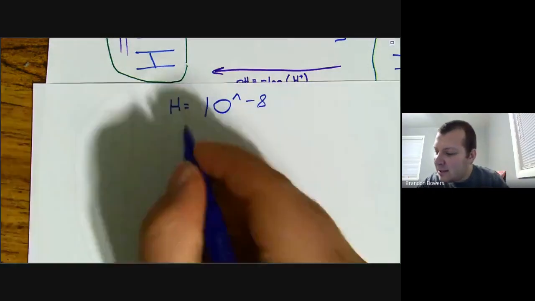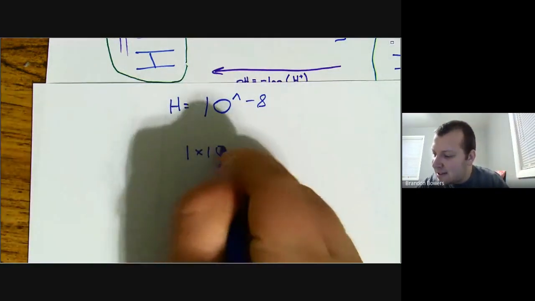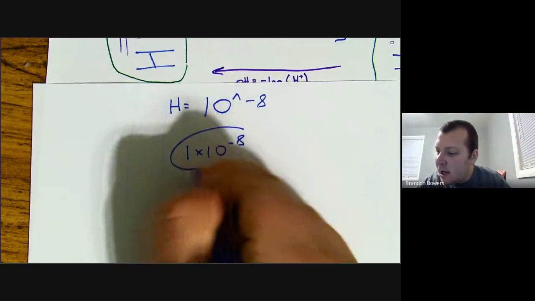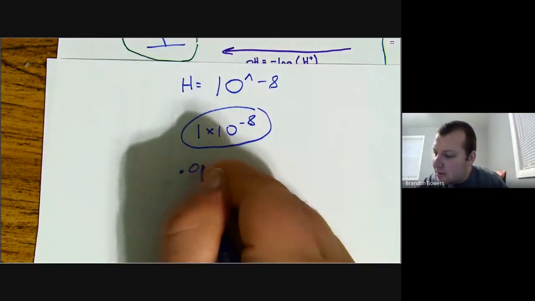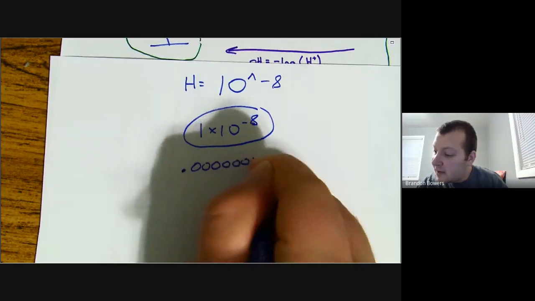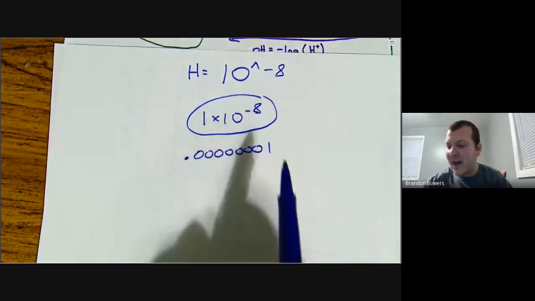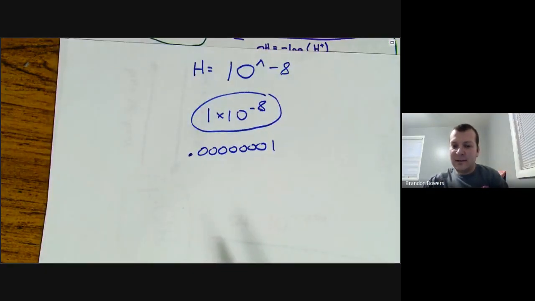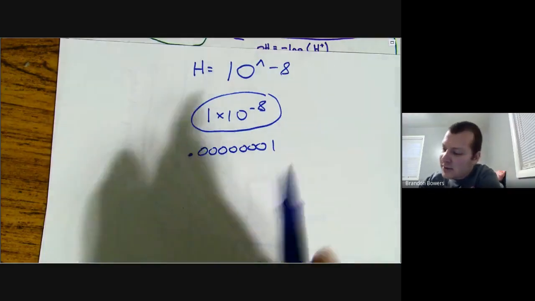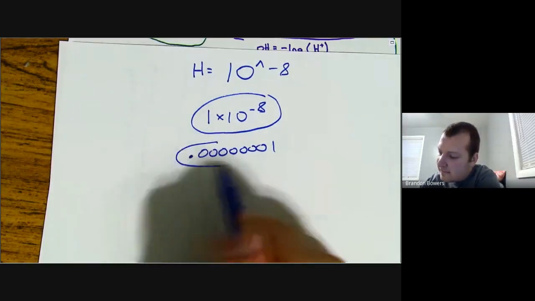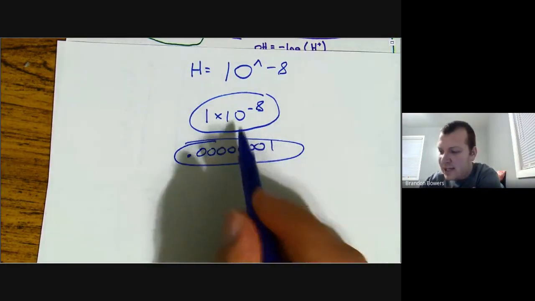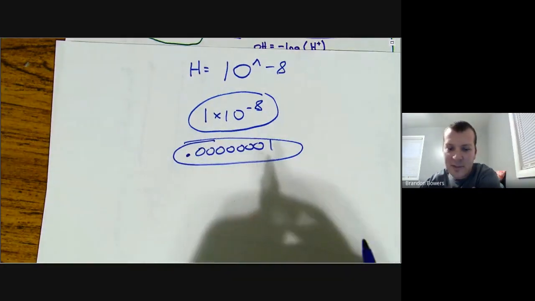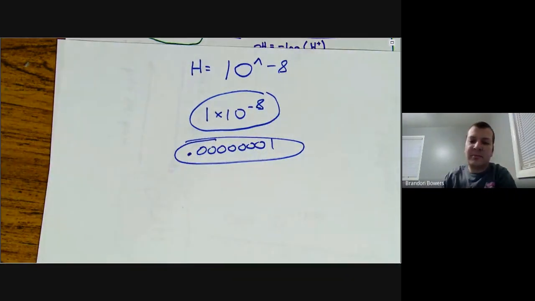So what that means is 1 times 10 to the negative 8. Another answer you might have gotten was 1, 2, 3, 4, 5, 6, 7. Did any of you get that? Because that is also correct. Calculators just tell them in different ways. Both of those answers are the same number, just written differently.